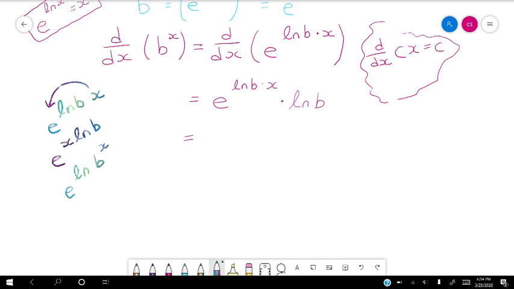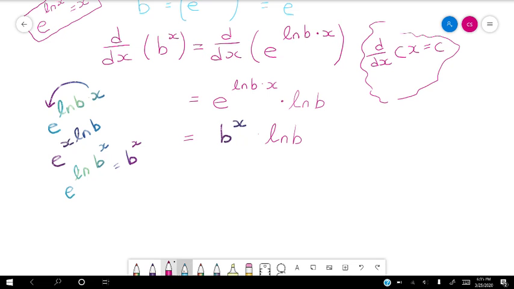So now we have e to the natural log of b to the x. Again, that's that identity. This is saying, what exponent gives e to be b to the x? So e to what power is b to the x? Well, e to that power is b to the x. It's the identity. So this whole expression becomes b to the x, and then we have the natural log of b, which is a constant.